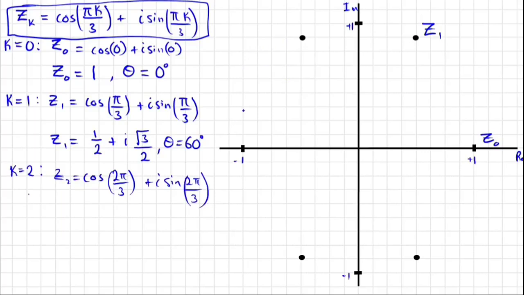The complex number in question is this one right here. This here is our z2. If we find the exact value of cos 2 pi over 3, if you use radians, you'll get negative half plus I root 3 over 2.